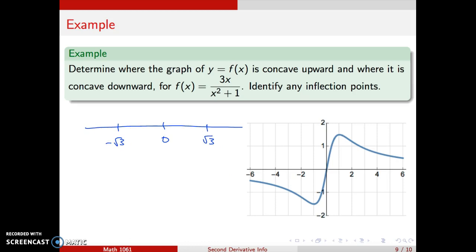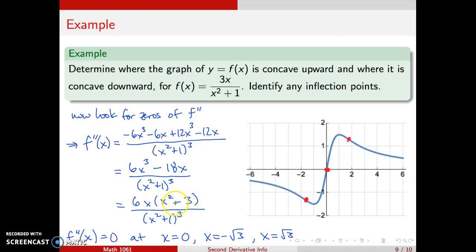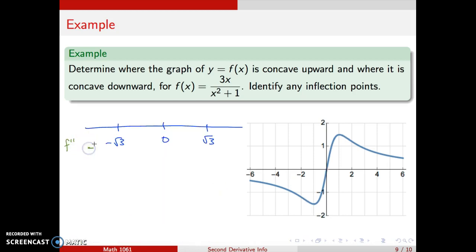So I've got 4 intervals to consider. For values less than negative square root of 3, so something like negative 2, this part's going to be negative, this part will be positive, and the denominator is always positive. So negative times positive is negative.